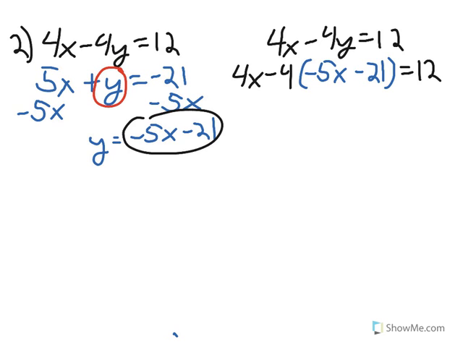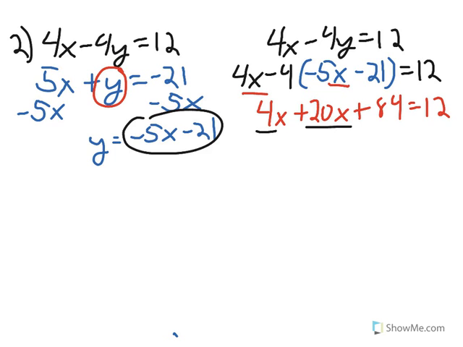Again, notice once I've plugged in that I've just got x's, so I can solve this. So I distribute my negative 4, and I get 4x plus 20x plus 4 times 21 is 84, and that equals 12. I'm going to go ahead and combine my like terms. So I have 24x plus 84 equals 12.